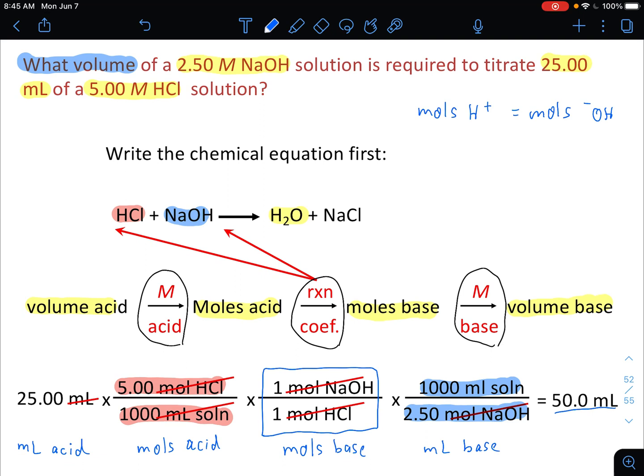So this is the official way to go about solving these problems. I'm going to show you a different method to solve it in a couple slides here, but this is the standard, typical way that we teach how to do this. Some people like this way of mimicking what they did with theoretical yield problems. Other people prefer the shorter method that I'll show you in just a little bit.